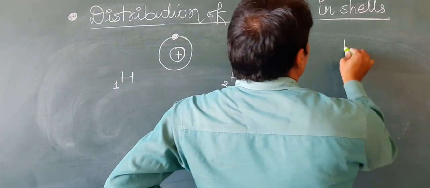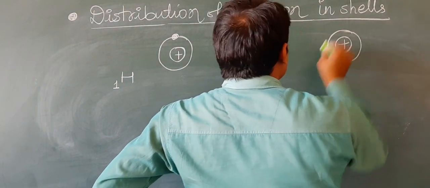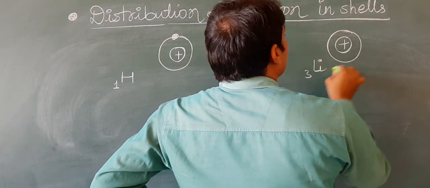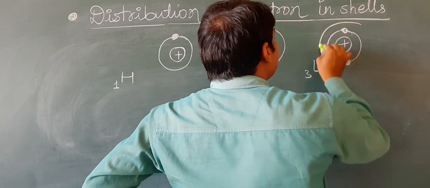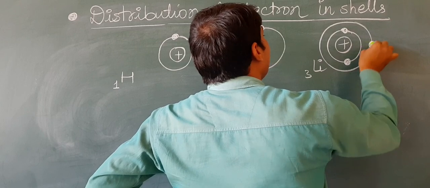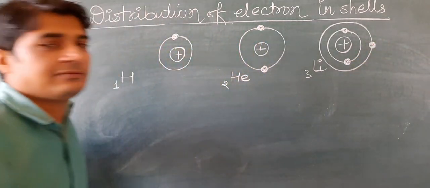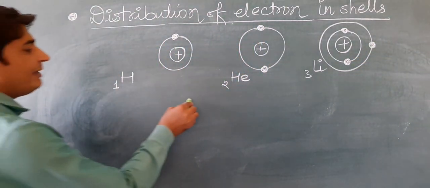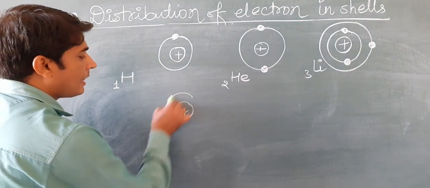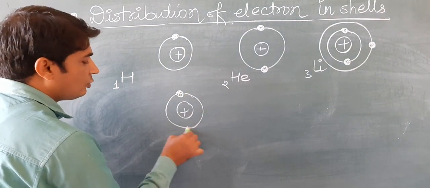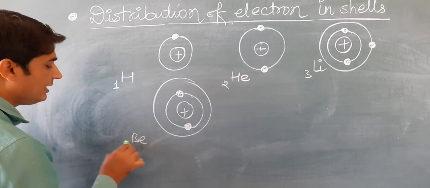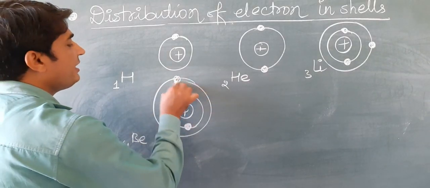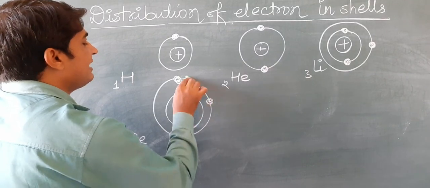Lithium, 3 electrons. 2 electrons would be filled in first cell. When the first cell is completely filled, the third electron moves to the second cell. Okay. Beryllium, 2 electrons would be filled in the first cell, and remaining 2 electrons move to the second cell.